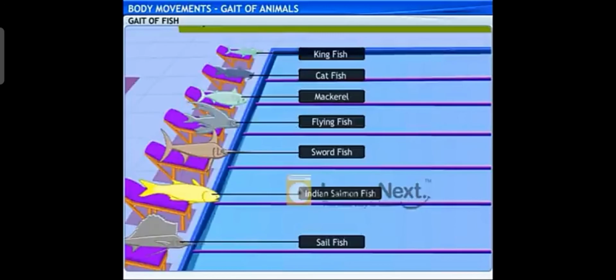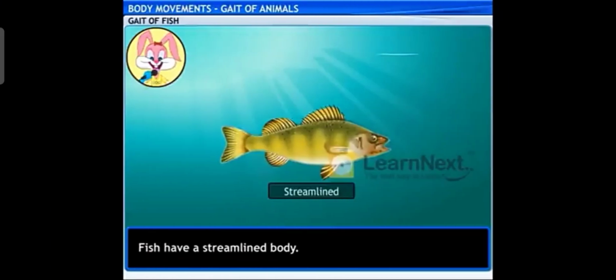The fish always live in water. The snake's movement is slither. At the same time, what is the movement of a fish? Yes, fish always swim in the water. So how is swimming possible? Let us see how these fishes are swimming.